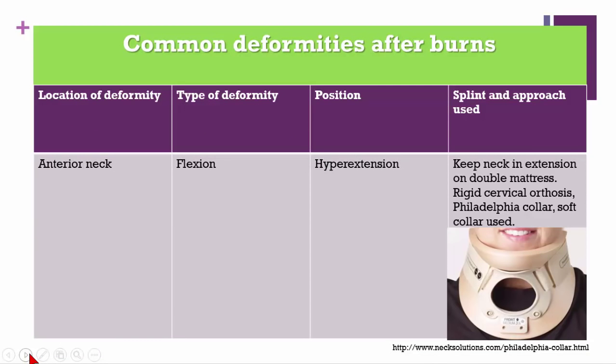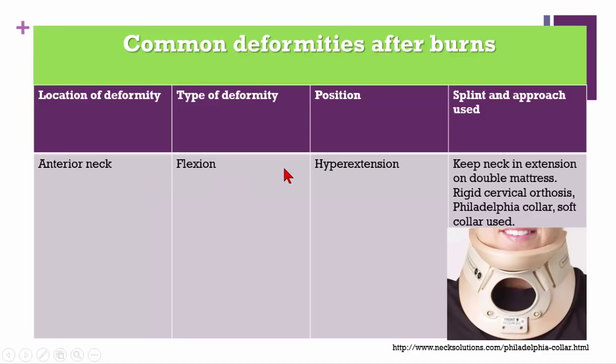Let's have a look at common deformities after burns. First we are going to see the location of deformity, type of deformity, position, and which kind of splint or approach is used for correction of these deformities. If the patient has an anterior neck burn, they commonly have neck flexion deformity.